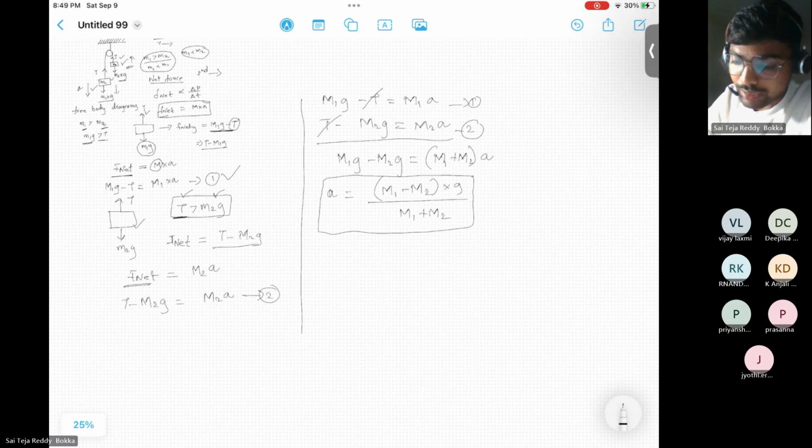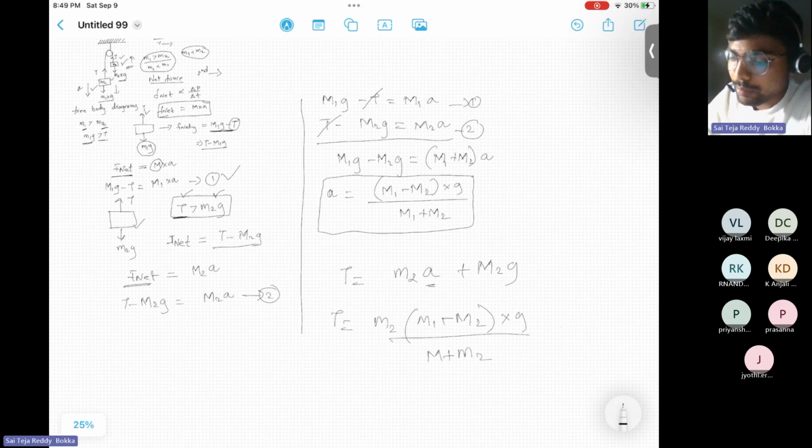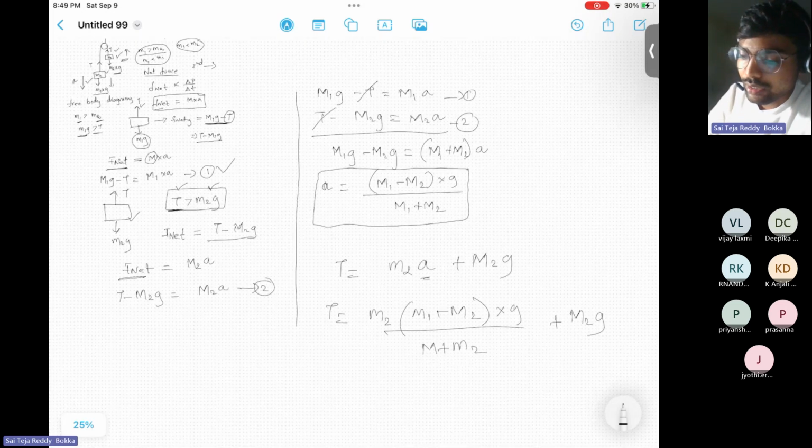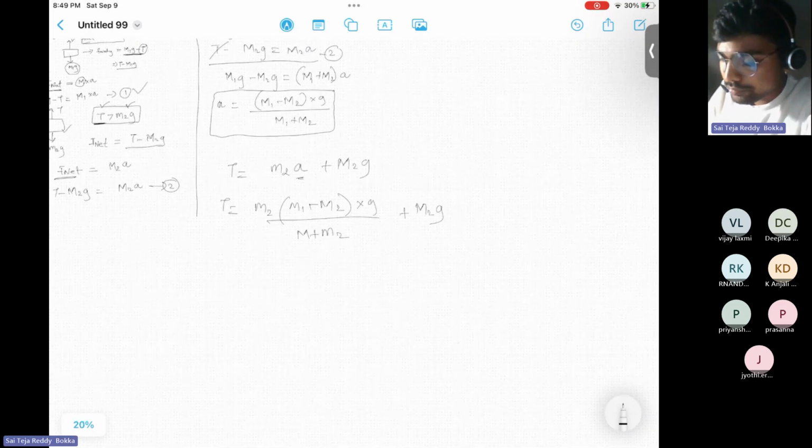Substitute. So just substitute acceleration. T is equal to, in equation 2, M2A plus M2G. So T is equal to, in place of A, M2 into M1 minus M2 into G by M1 plus M2, plus M2G. So after solving this, what you are getting now?